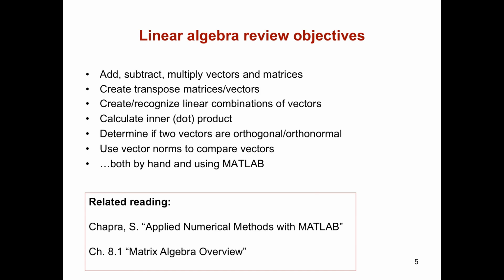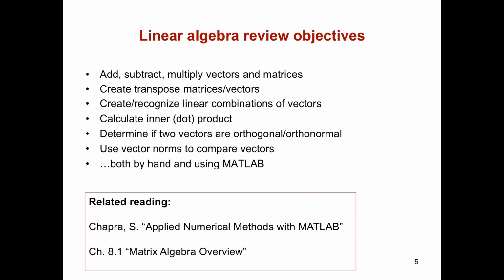And define methods. So basically we'll learn how to add, subtract, and do basic transformations of vectors and matrices, and also transpose matrices, recognize linear combinations of them, define different types of products, and figure out if two vectors are orthogonal.